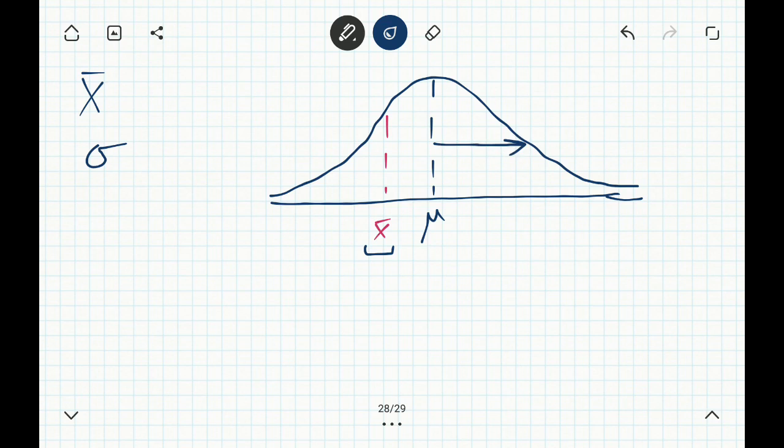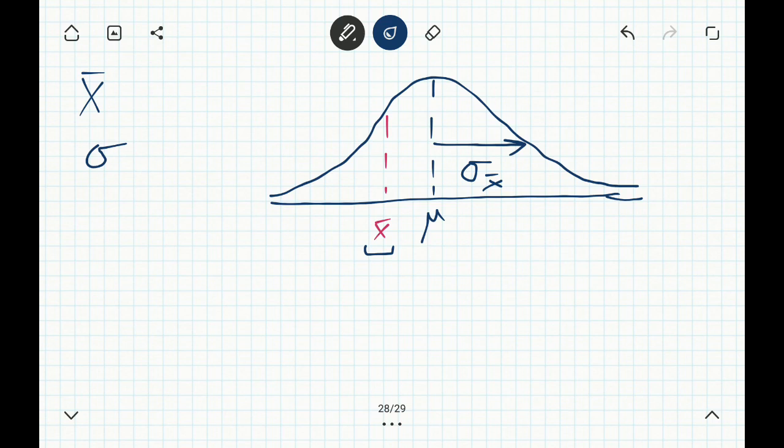I'll mark it as sigma of x bar. Well, in fact, it's not exactly this one, it should be lower, but whatever. We know that our standard deviation measures the spread, and so this arrow also measures the spread in some way. So just to illustrate, I put that arrow.